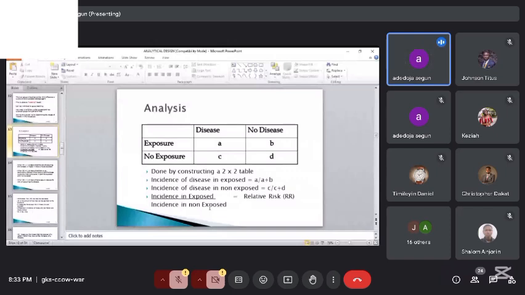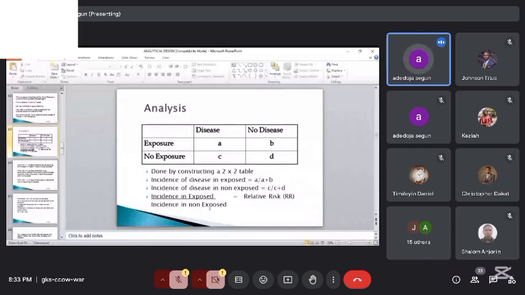Then if we now calculate the relative risk and later discover that our final answer is less than 1, it shows that those people that are exposed to unprotected sex stand a better chance over the other group.